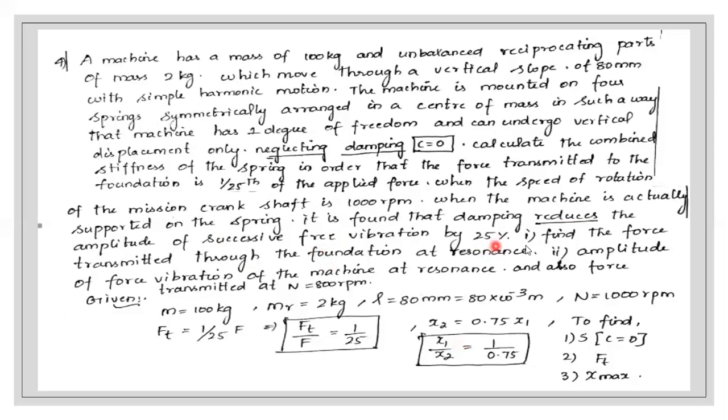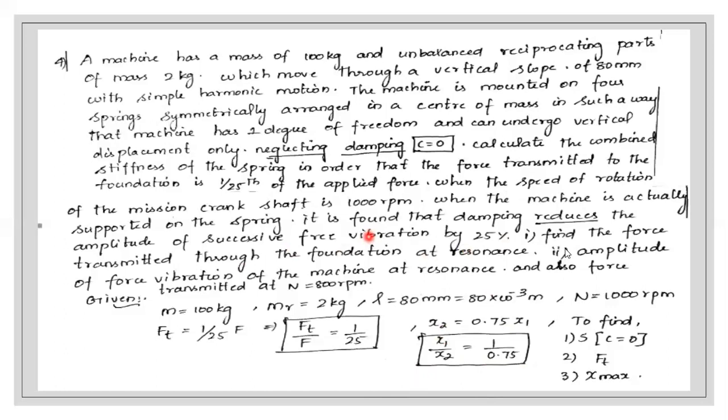So automatically we will have 75% remaining, right? So x2 will be equal to 0.75 x1. So x1 by x2 will have a ratio of 1/0.75. Try to understand: it is reduced by 25%, so the remaining 75% will be there. Successive amplitude means x1 and x2, so x2 will be 75% of the initial value. So we are writing x1 by x2 is equal to 1/0.75.